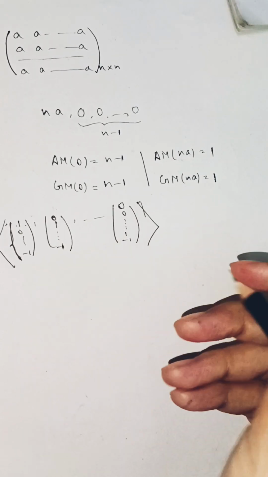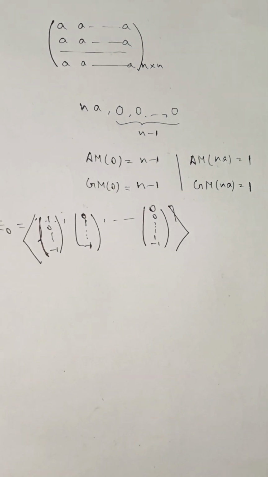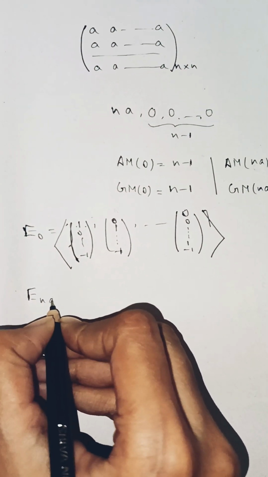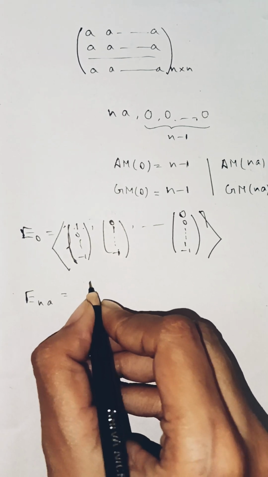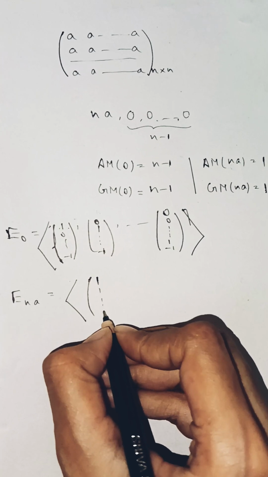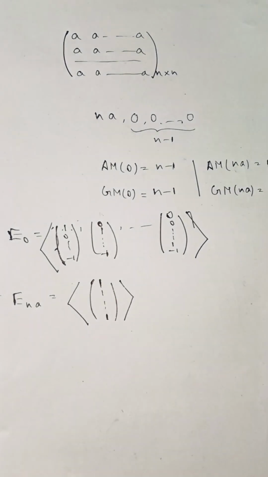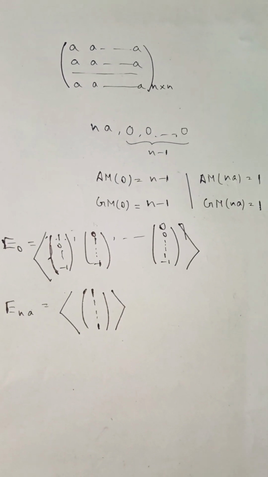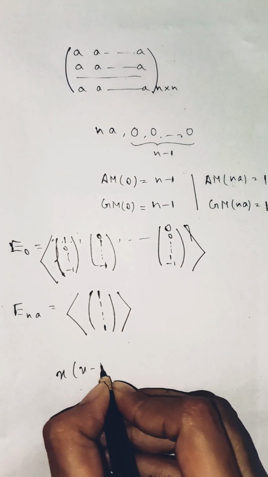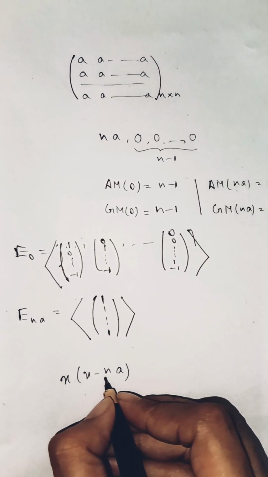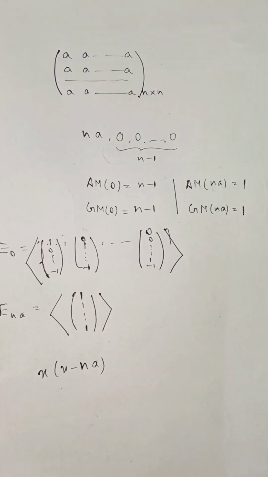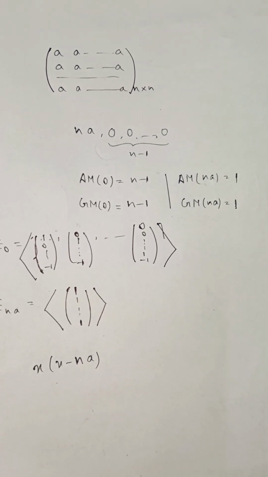It is generated by this type of vectors. And E of na is generated by a vector with all entries 1. And the minimal polynomial for this matrix will be x into x minus na. This will be the minimal polynomial. So this is the generalization for this type of matrices.